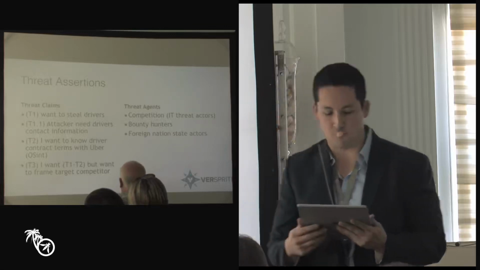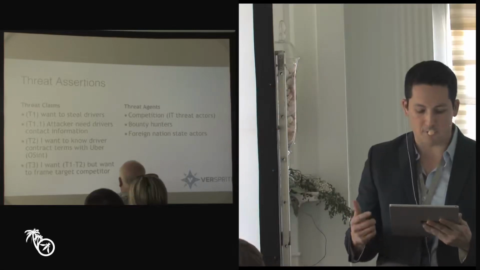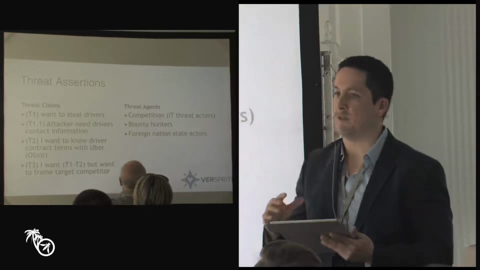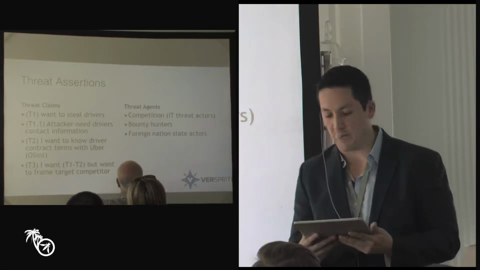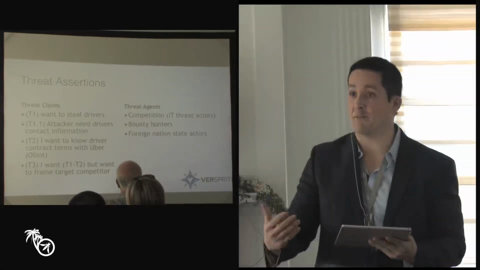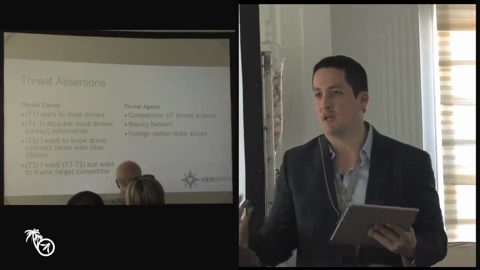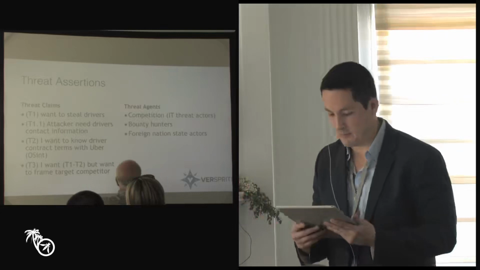A third threat assertion would be that I want to attack, but frame a target or competitor. So maybe the actual attack that happened against Uber was a frame, because it would be kind of foolish if you're going to attack somebody to have the source IP address literally be tied to the VP of infrastructure at Lyft.